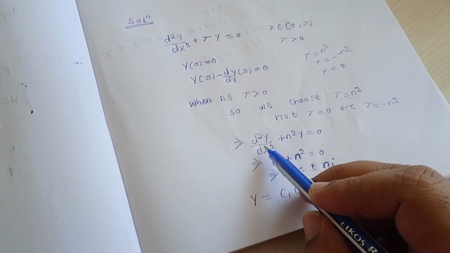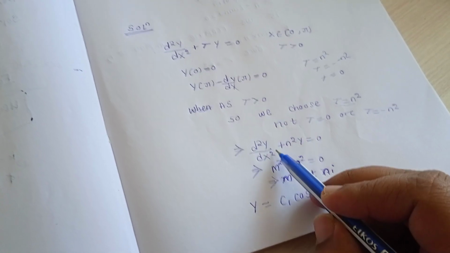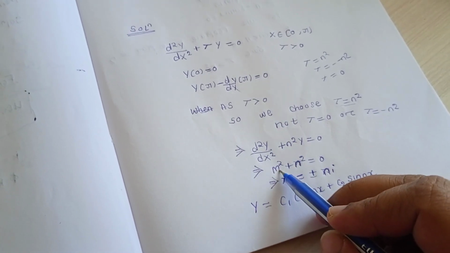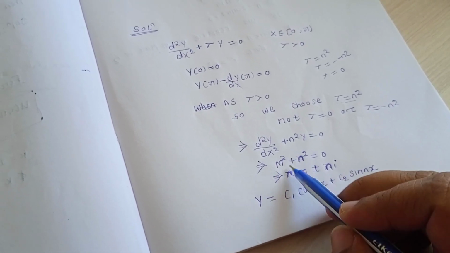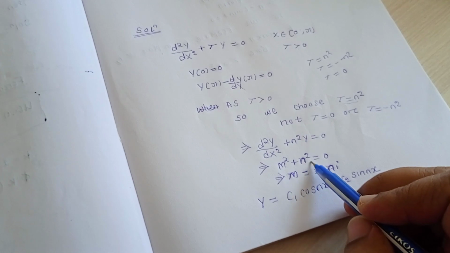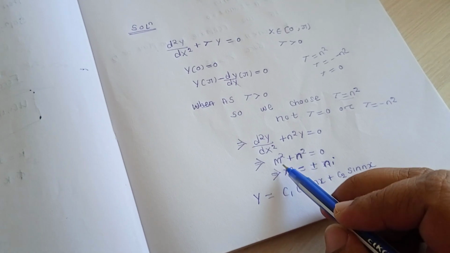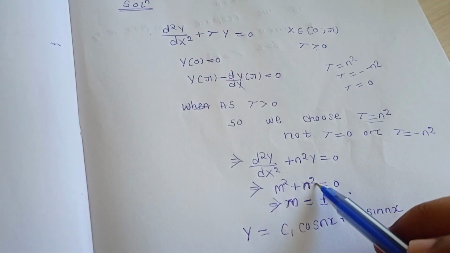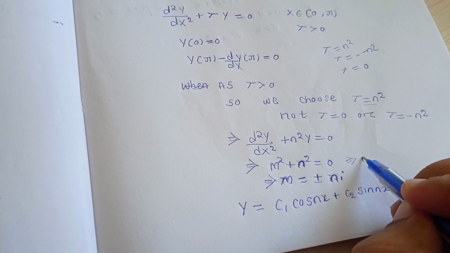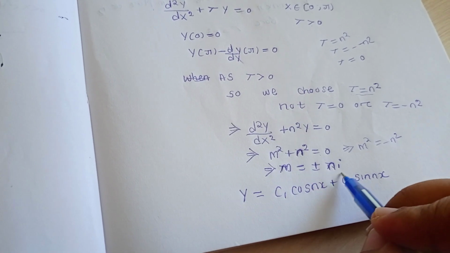Now we can write it in the form of m square, that is if y is equal to e to the power mx, then the second derivative gives m square e to the power mx, so it becomes m square plus n square into e to the power mx equal to 0, and as e to the power mx is not equal to 0, we can write m square plus n square equal to 0. Then m square equal to minus n square, then m equal to plus minus ni.